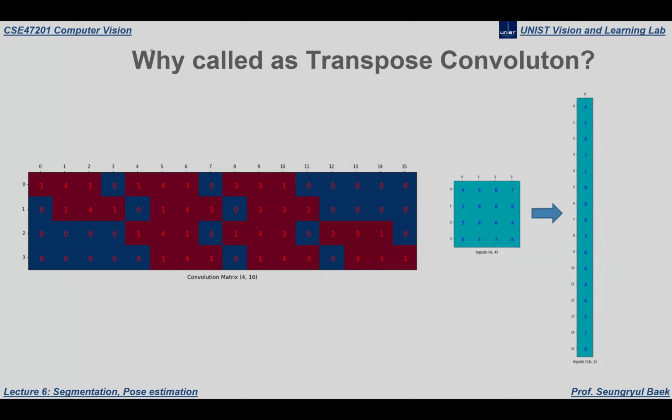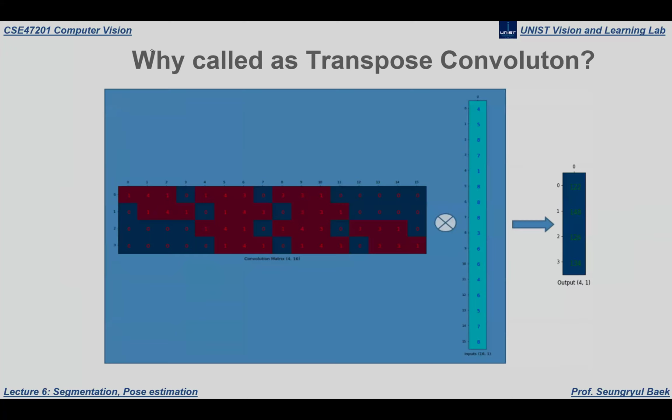So it can upsample 2D signals, and it is also differentiable, so it can be used in the entire deep learning architecture. The reason it is called transposed convolution is that its convolutional matrix is transposed compared to the standard convolution operation.